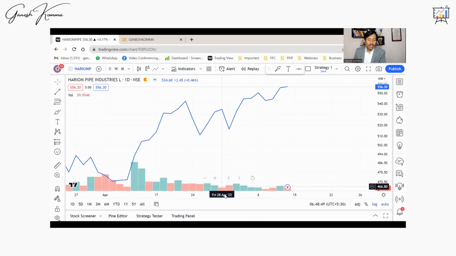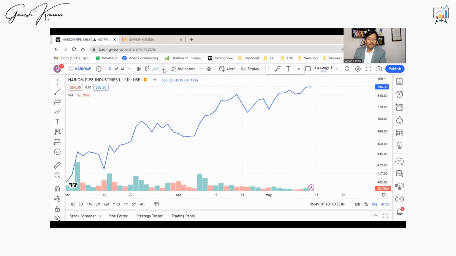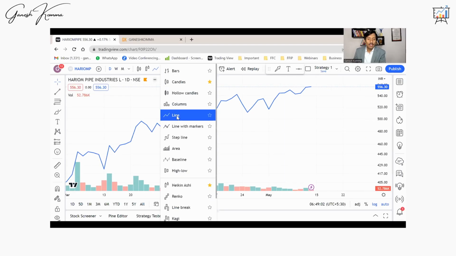Every day, whatever is the closing price of this chart, you will be able to connect all the dots and you will get the chart graph here. This is called the line chart. Yes, there are many charts, but we mostly use the candlestick chart. And we also have the Heikin Ashi chart.